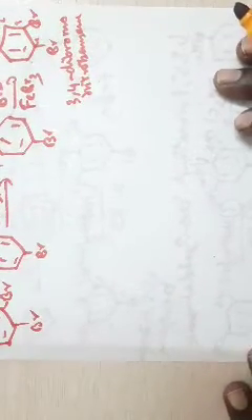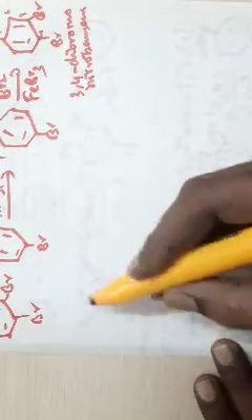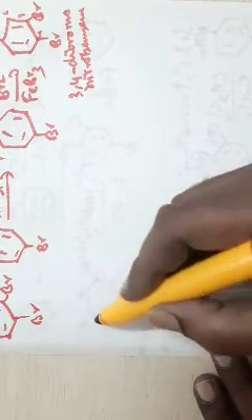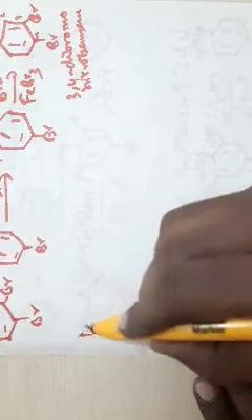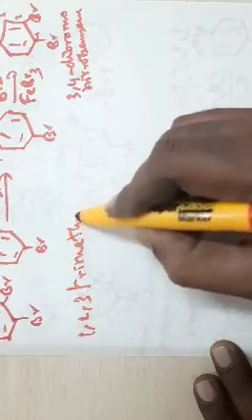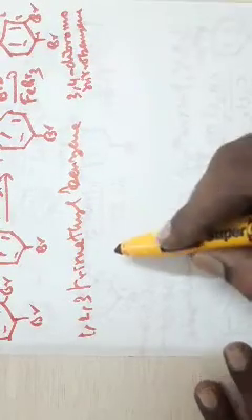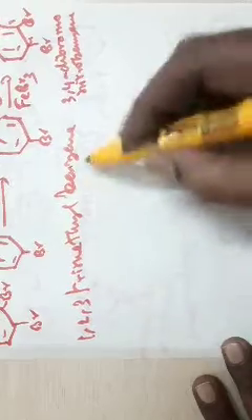And the last compound we have to discuss among the target molecules in aromatic electrophilic substitution reactions is 1,2,3-trimethylbenzene. Let me write the structure of this molecule.